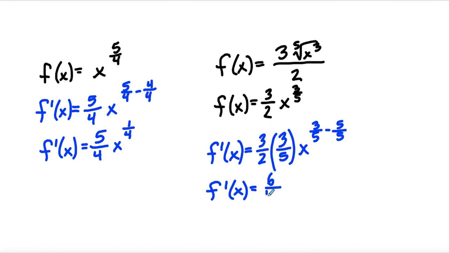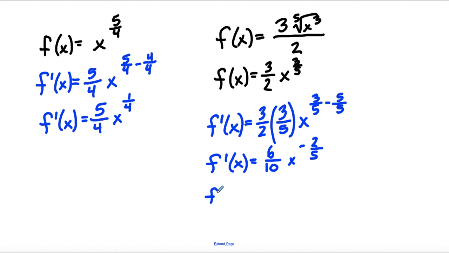So I'm going to have 6 over 10 and x to the negative 2 over 5. Right, and then we'll just simplify the fraction and rewrite this one final time. And that's going to give me 3 over 5 x to the negative 2/5. And now we're done with this one.